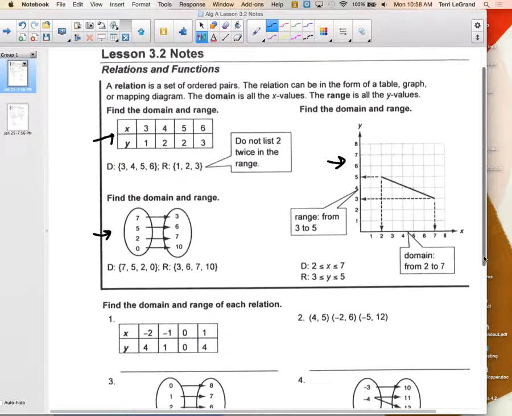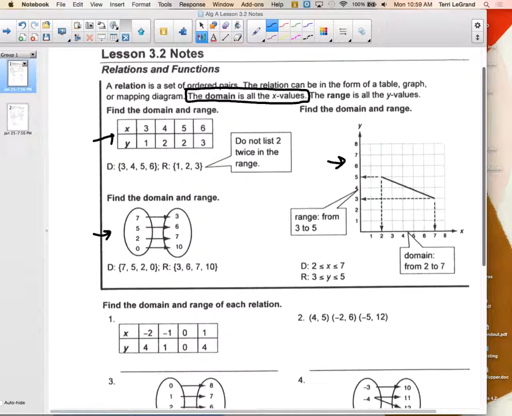Today, on this side, what's really important is that we understand, for a relation, what is the domain. So I want you to box that sentence right there that says the domain is all the x values. We have this set of ordered pairs, and we know that all ordered pairs have an x value at the beginning and a y value at the end. We have two coordinates identified in an ordered pair.